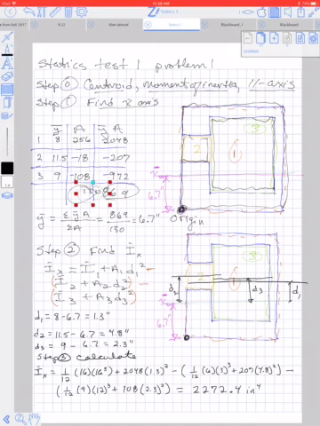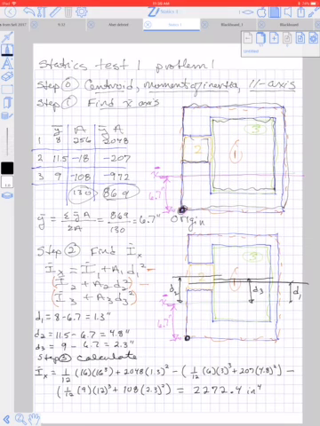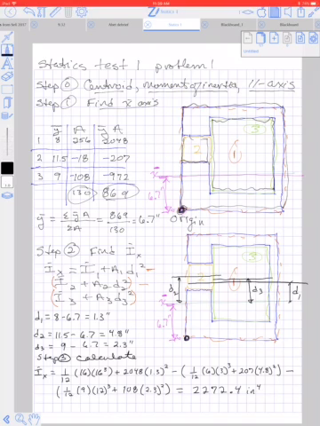When you do the math, you get 6.7 inches. So up from the origin, 6.7 inches. So there's the centroidal X-axis.